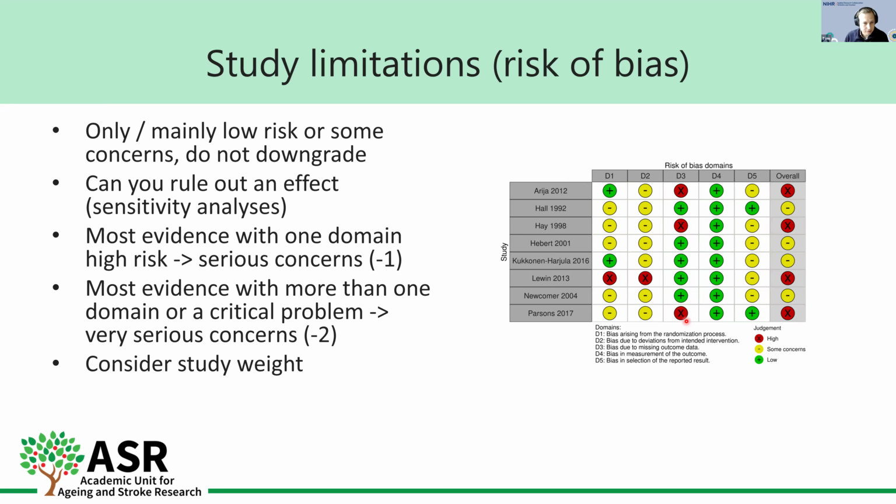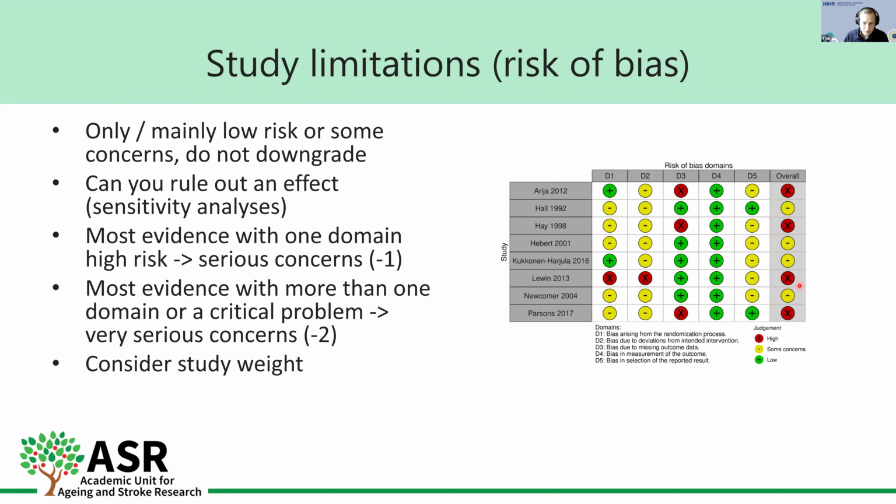But we need to consider a number of other things. We need to consider the study weight. So it might be that these studies which are at high risk of bias are the largest studies in our meta-analysis, and the other studies are relatively small.